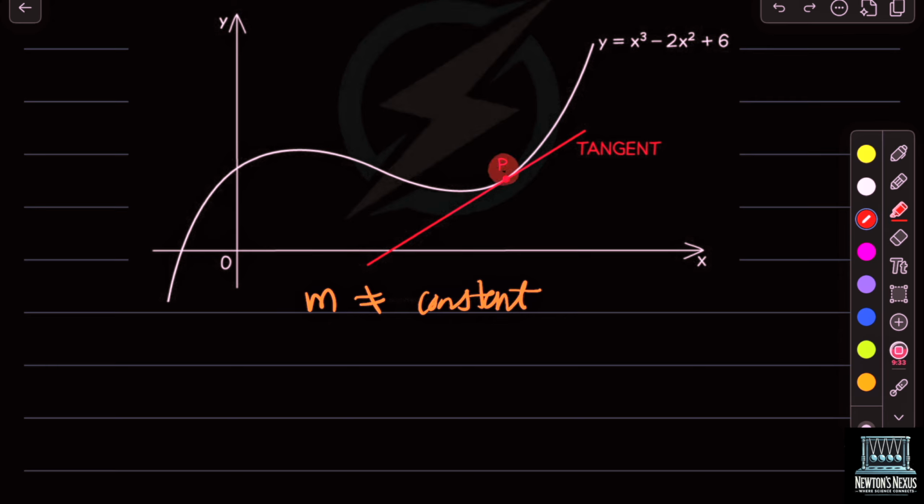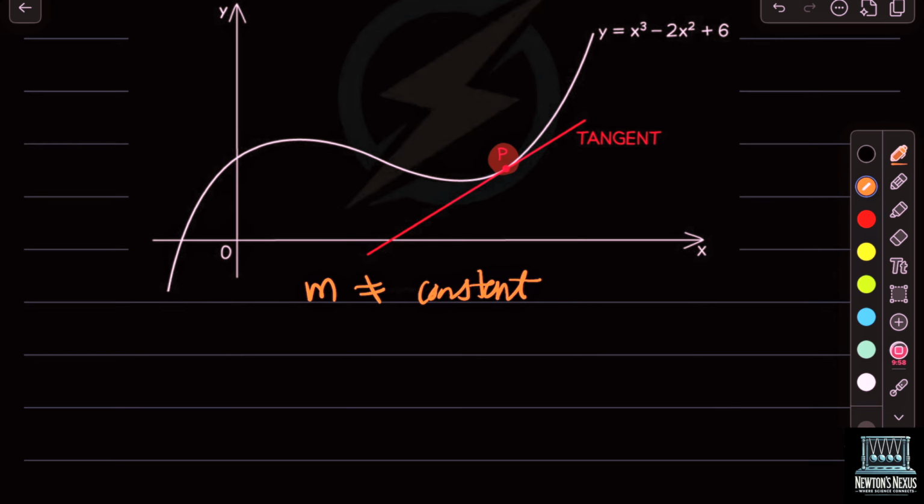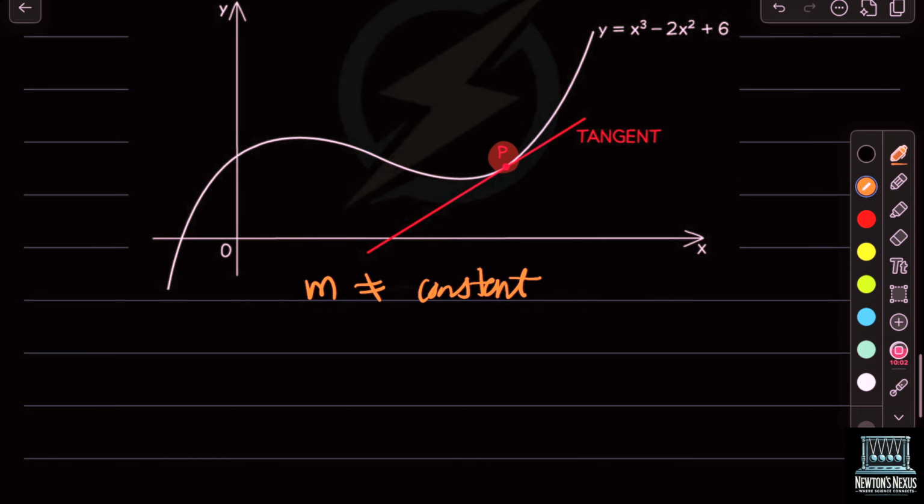Well, that's quite easy. We could simply calculate the derivative, because we have no other clue. And how can we calculate the derivative? It's also really easy. We could just simply calculate the gradient of the tangent at that point, because we know that in a curve, to calculate gradient at a point, we draw a tangent.